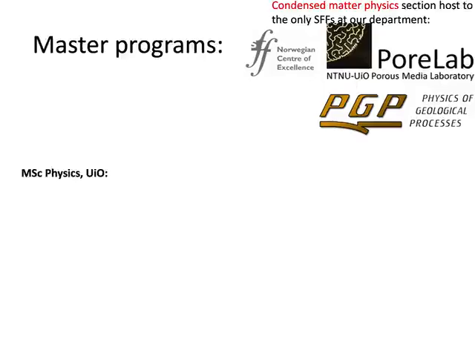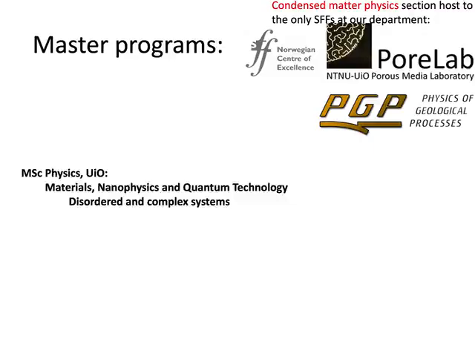So I'll just stop by mentioning that if these are things that interest you, then in the Master of Science Physics program, inside the direction of materials, nanophysics, and quantum technology, there is a direction called disordered and complex systems, where you can delve into more complex materials, complex behavior of both living and dead systems.